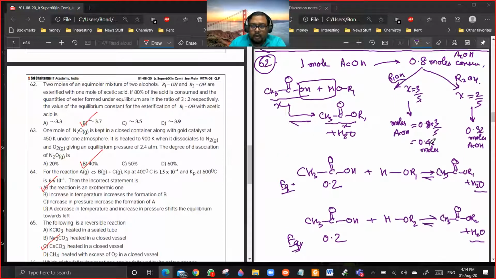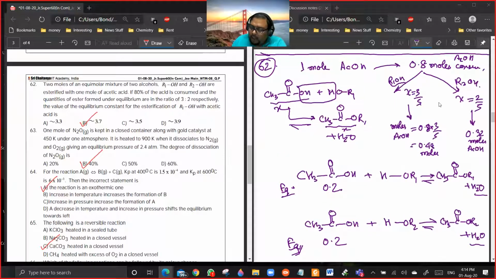Now you see, initially R1OH was 1 mole. If you started with 1 mole of R1OH, and this part reacted with 0.48 moles of acetic acid, what will be the remaining part of R1OH at equilibrium?